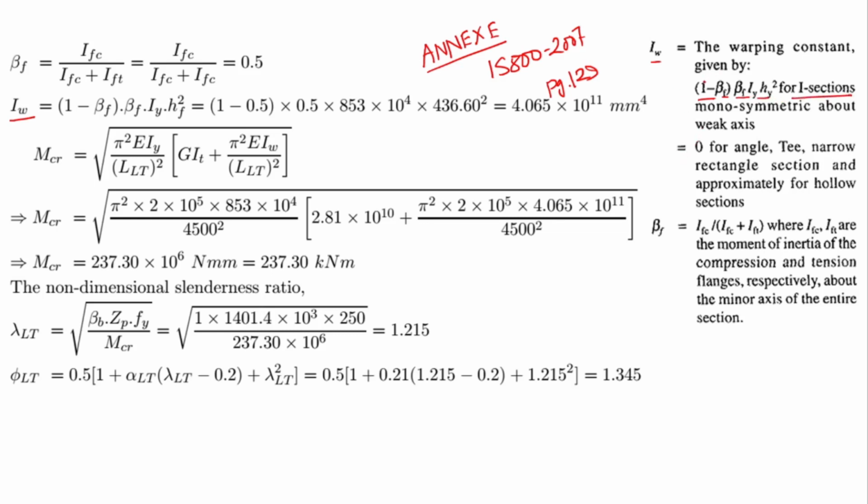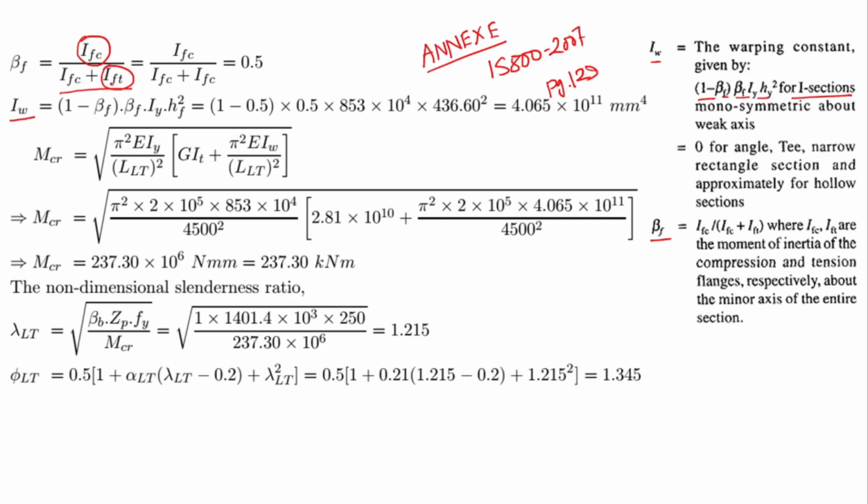To calculate that constant, I have to first calculate beta f, which is equal to IFC divided by IFC plus IFT. Here IFC is the moment of inertia of the compression flange, and IFT is the moment of inertia of the tension flange.